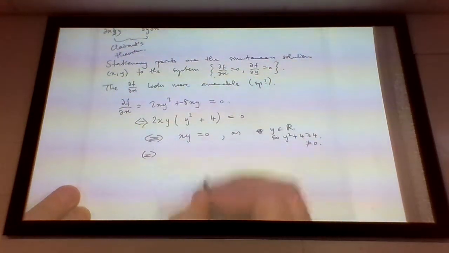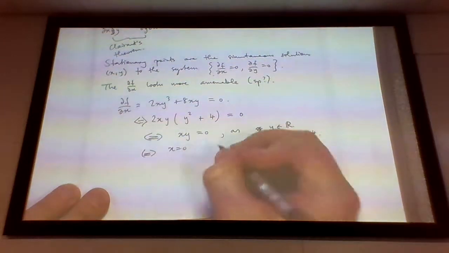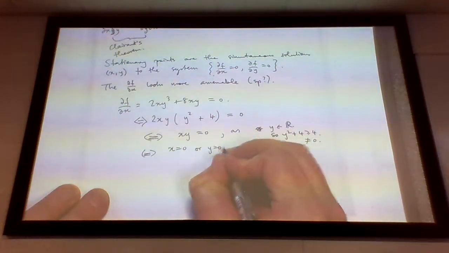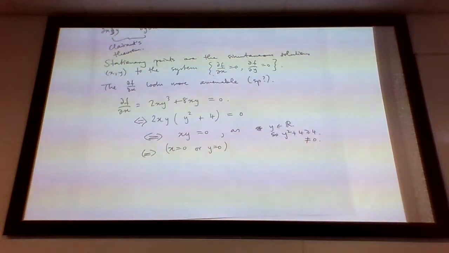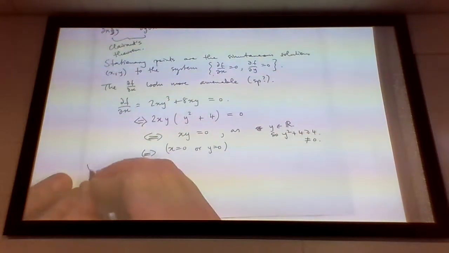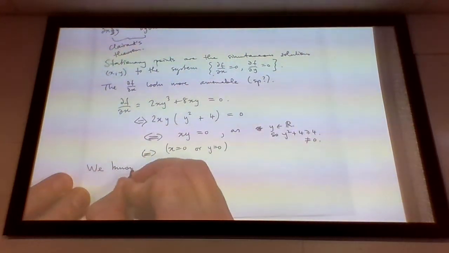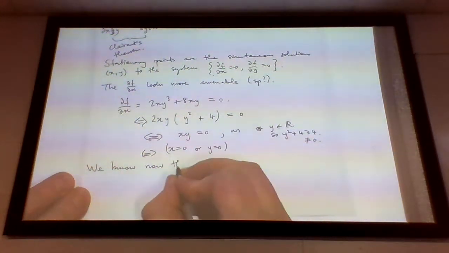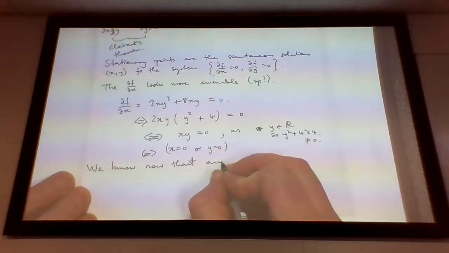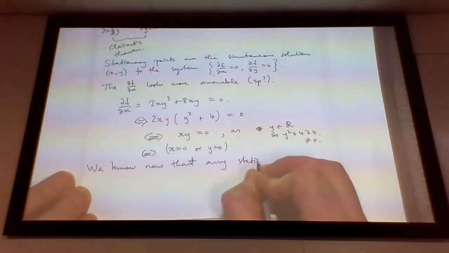And, well, that's a nice and clean description, but that's true if x is 0 or y is 0. So this is our description of the solutions to df dx. So what we know now is that any stationary points that there are, so we don't yet know that there are stationary points.